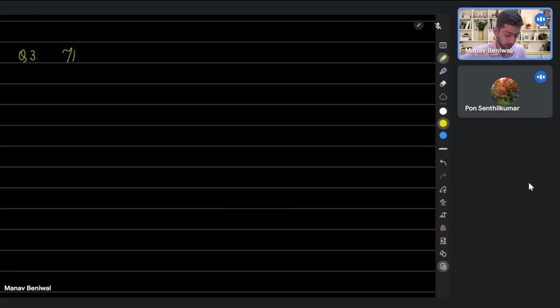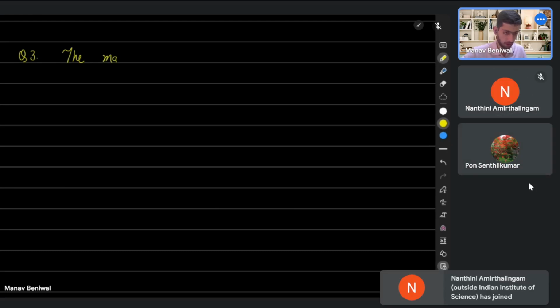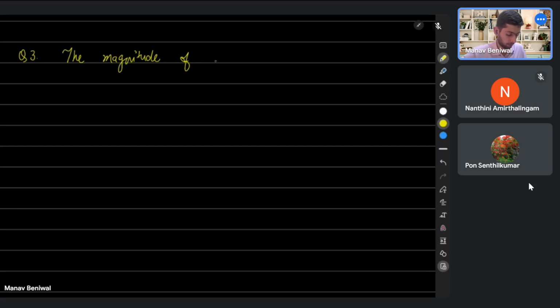So this requires the magnitude of this orbital angular momentum with L equal to 3. We are given the quantum number, that is L is 3, and now we are asked what is the magnitude.